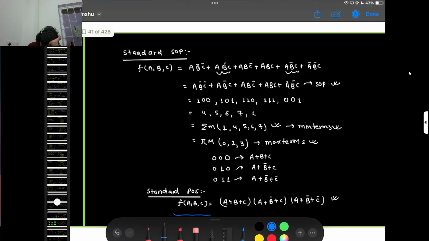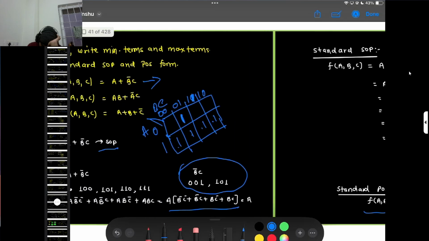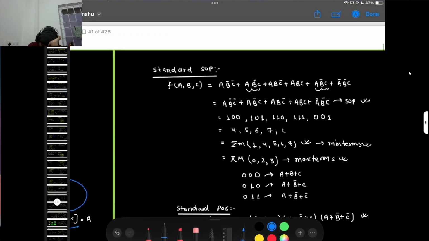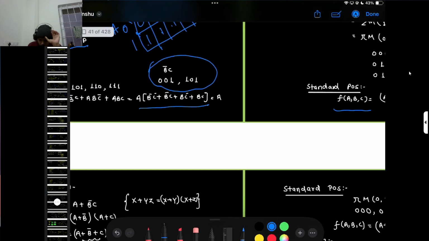For standard POS, like this term is not present, so this will be the standard POS: A plus B plus C like this.